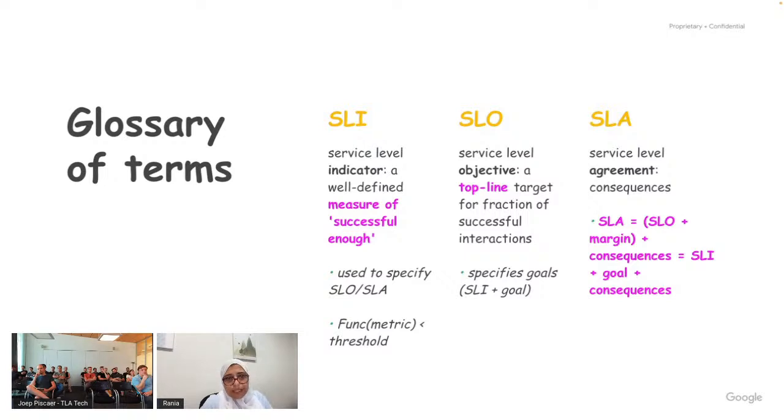So this is just to recap quickly. SLI, as I mentioned, measures the success, how successful your system or your service is, and it's always by the metrics. Again, it's targeting metrics and thresholds. It's not meant mainly for the traditional metrics like latency, availability, or uptime.